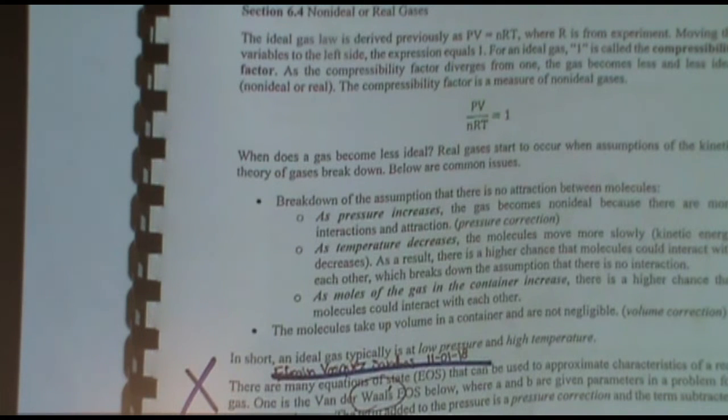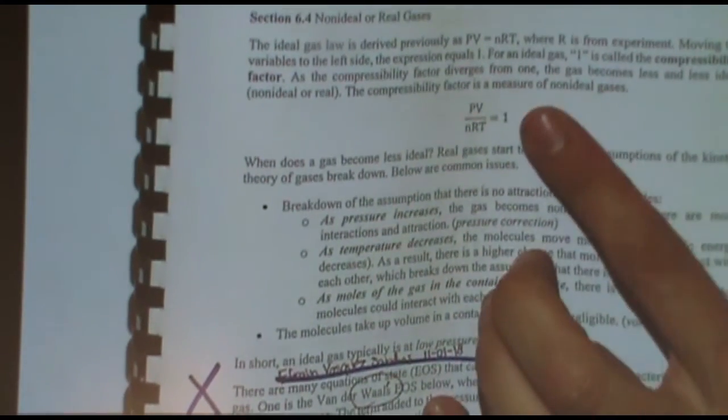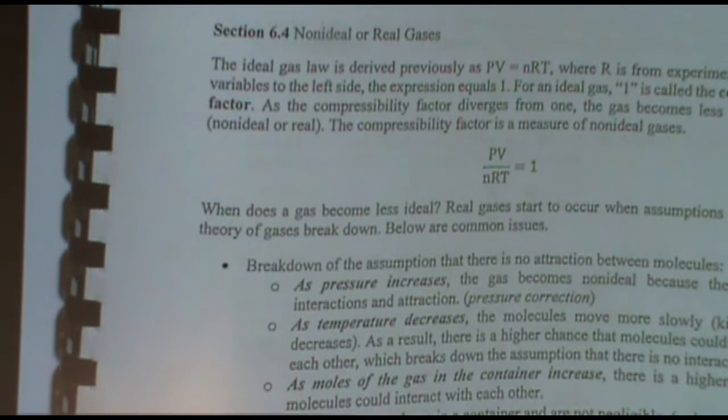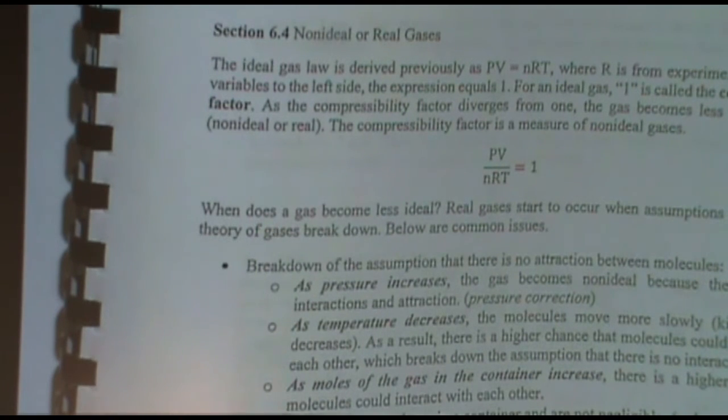There are two calculations in this little section. The one is the top equation right here. It's just the ideal gas law reconfigured and solved for 1. If I ask you on a multiple choice question, I give you the pressure, volume, moles, and temperature, and ask you, is this a real gas or an ideal gas?